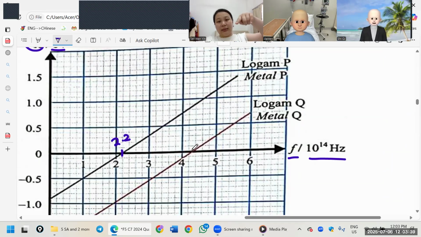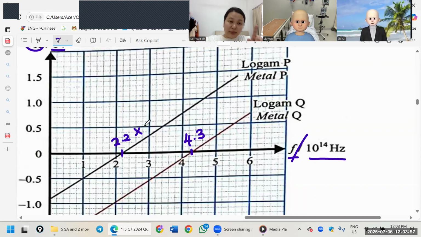This one is the center, so which is 4.2. This is 4.3. You must look at the times 10 to the power of 14 hertz. So usually you should write times 10^14 hertz here.